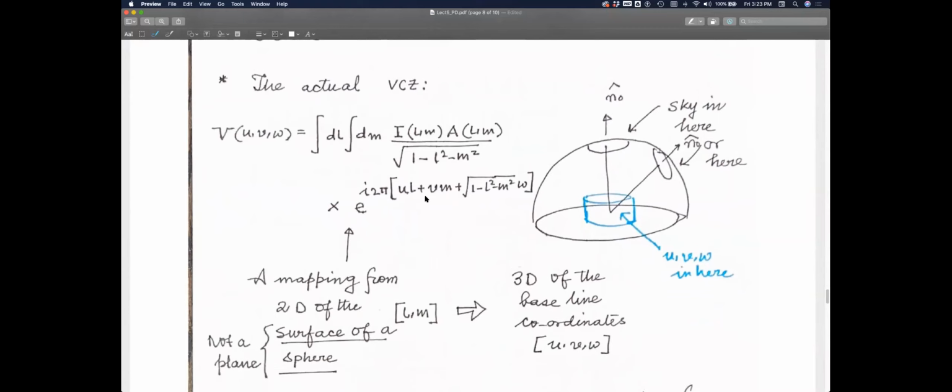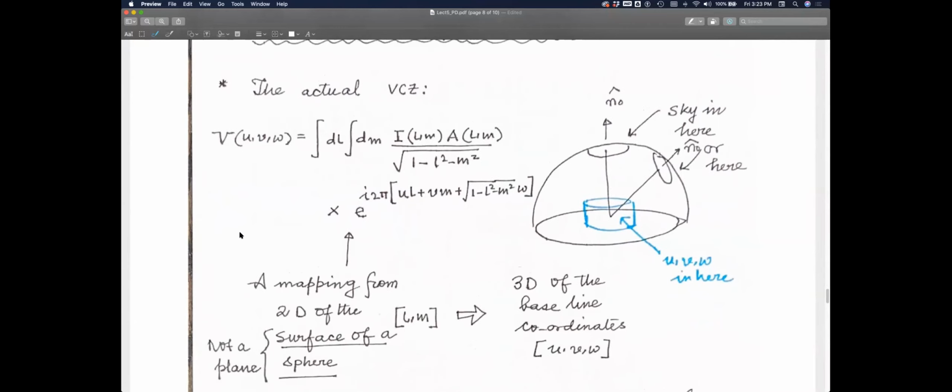Now, if you really look at this expression, you realize that this is not a Fourier transform relation. There is something more going on. If you want to look at this in terms of Fourier transform, what is not going right? Well, what this is doing is mapping a function, which is I(l,m), which is on the surface of a sphere.